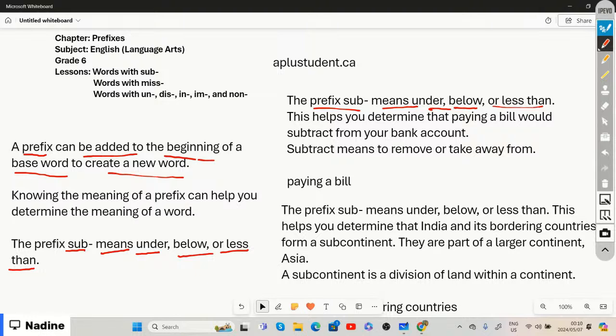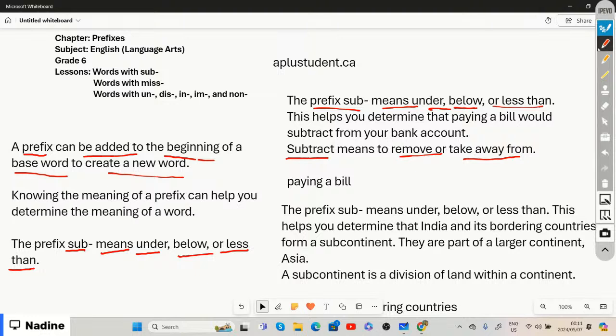Subtract means to remove or to take away from. That is why when we do subtraction and addition sums in maths class, subtraction is removing, right?